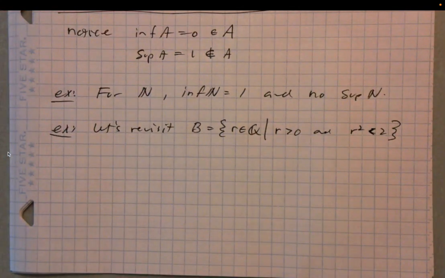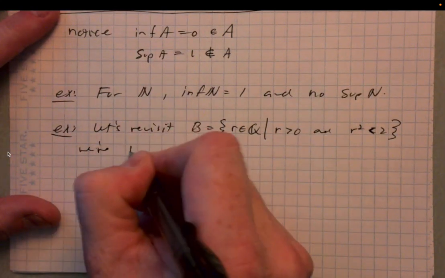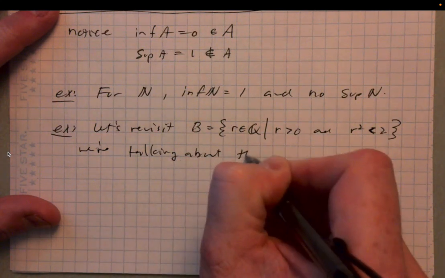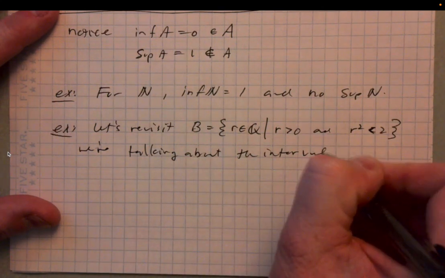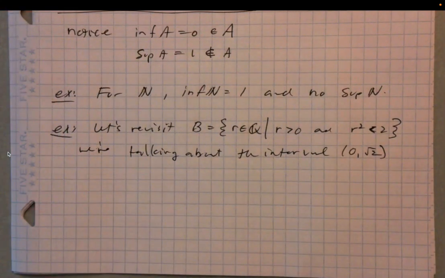Now we're roughly, of course, talking about the interval between 0 and the square root of 2. I mean, rational numbers, not real numbers. There's a lot of numbers in there that aren't rational. But we're talking about the rational numbers in this interval.